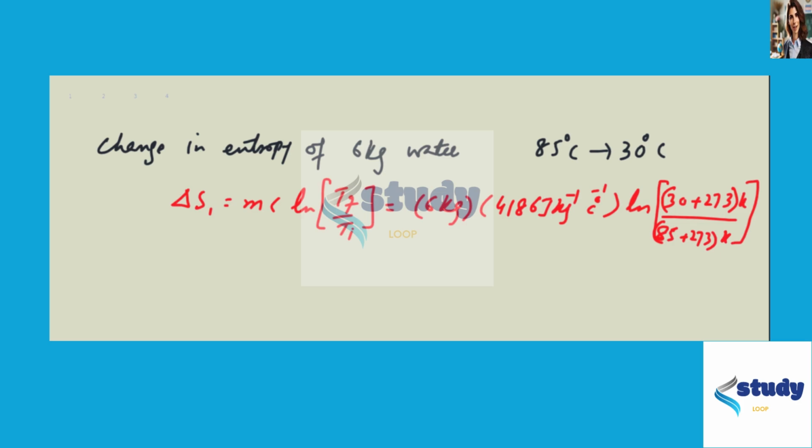So this gives us change in entropy of 6 kg water when it cools equal to minus 4189.35 joule per Kelvin. Here the entropy change is negative. This shows that entropy decreases when water cools.